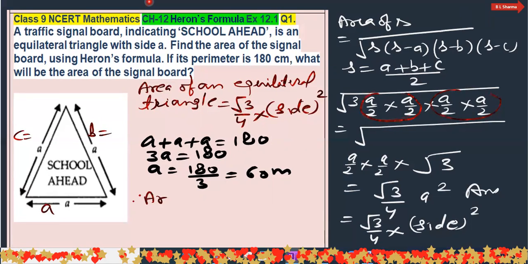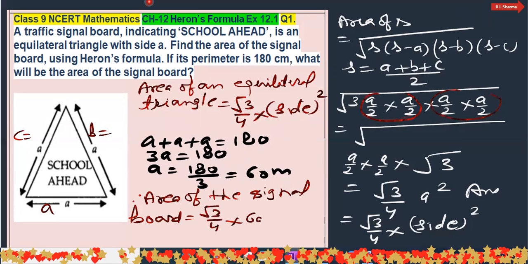Therefore, area of the board, means signal board, root 3 by 4 and side is here 60. So 60 whole square. So that is root 3 upon 4 into 3600. So in the last we can give the answer 3 into 900. So what is the answer here? The final answer is 900 into root 3 centimeter square.